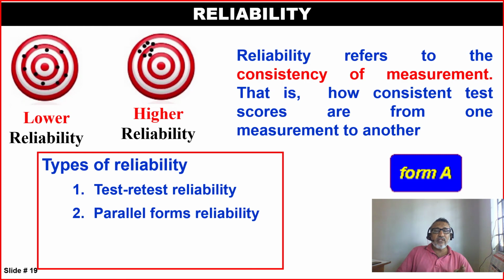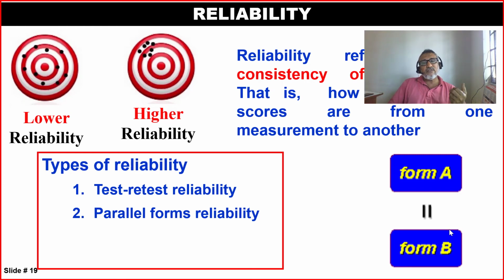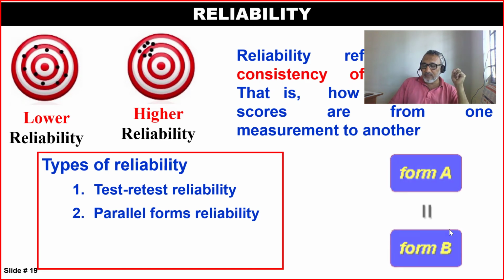When the next student comes, it will generate a different question paper. But these should be parallel forms, and with respect to the content, the abilities and the difficulty levels, these questions should be the same. So form 1 and form 2, or form A and form B, should be equivalent to one another. This is the consistency across forms.